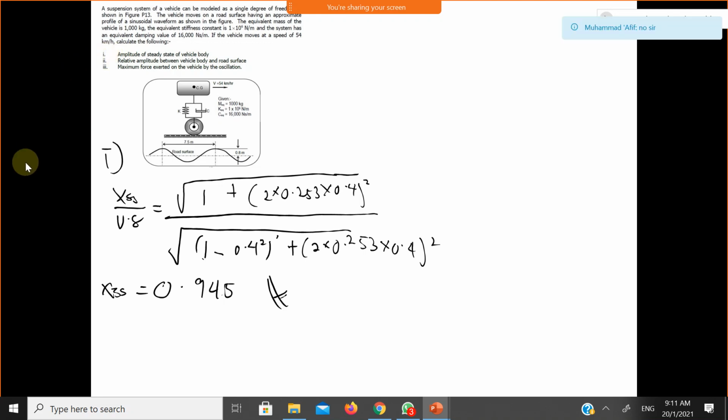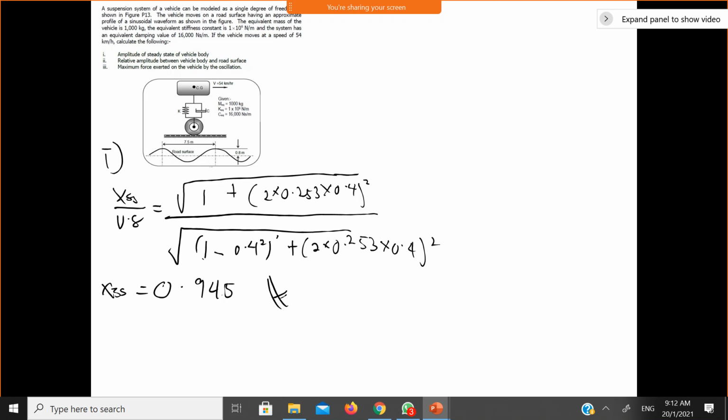Alright, so number 2, relative amplitude between vehicle body and road surface. Apa maksud relative amplitude? What does it mean? What is relative amplitude? Perbezaan kan? Relative maksudnya perbezaan amplitude di antara vehicle body dan juga road surface. So, berapa dia punya perbezaan?